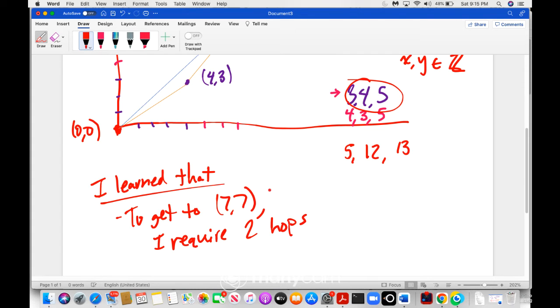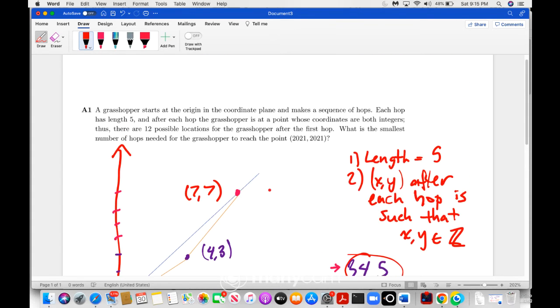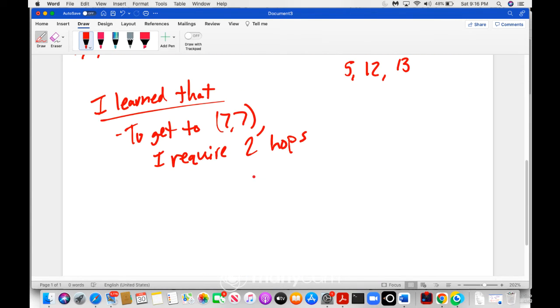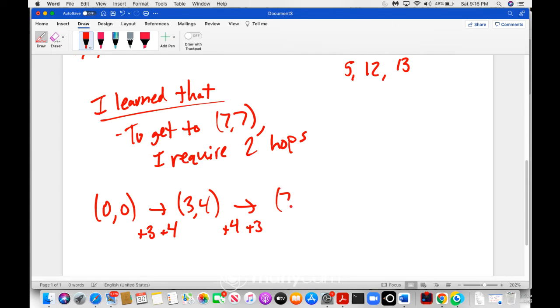But can't I just keep doing that over and over again to get to 2021? If I start at the origin, I can make a series of hops. I can go 3, 4, so I'm adding 3 to the x-coordinate, adding 4 to the y-coordinate. And then I add 4, add 3 to get to 7, 7.